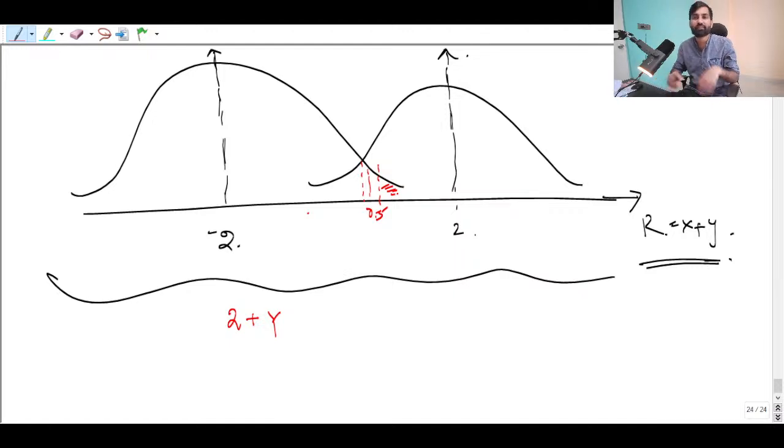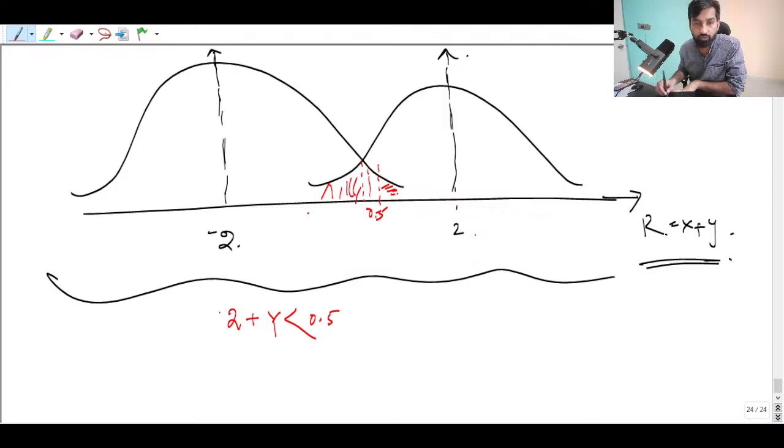So you receive 2 plus n. Now you are doing the decision, right? Please make the decision here. 2 plus n, is it greater or lesser? You have to think. If it is less than 0.5, then only, if the original bit is 1, you are going to receive 0 here.